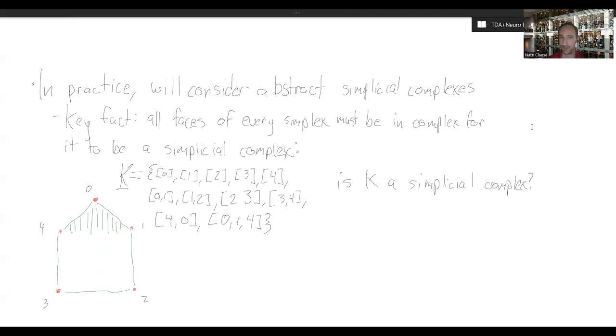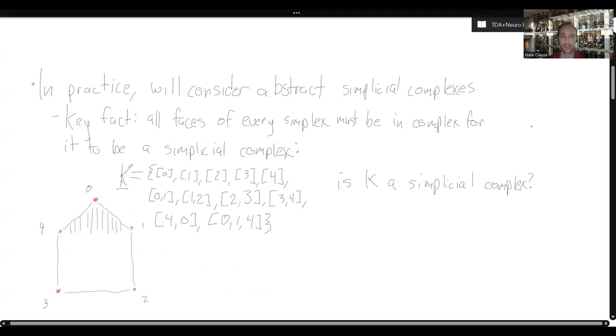Recall, abstract simplicial complexes are just sets of simplices where a simplex, an abstract simplex, is simply a set of vertices. So this is how a computer thinks about a simplicial complex. You know, a computer is not going to just picture some simplex in the plane. It's going to say, this simplex, it's a collection of vertices.